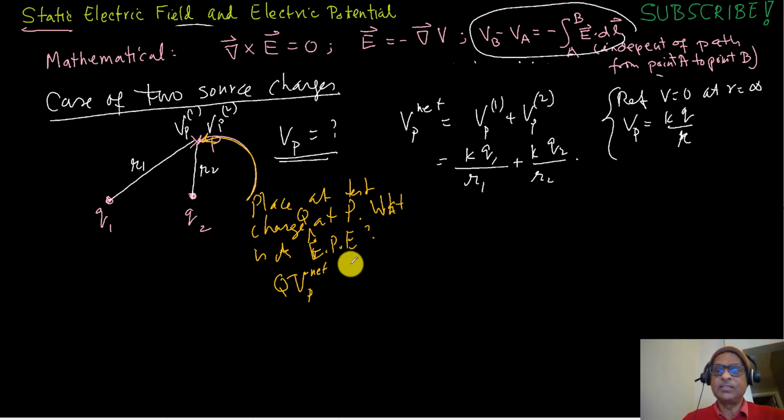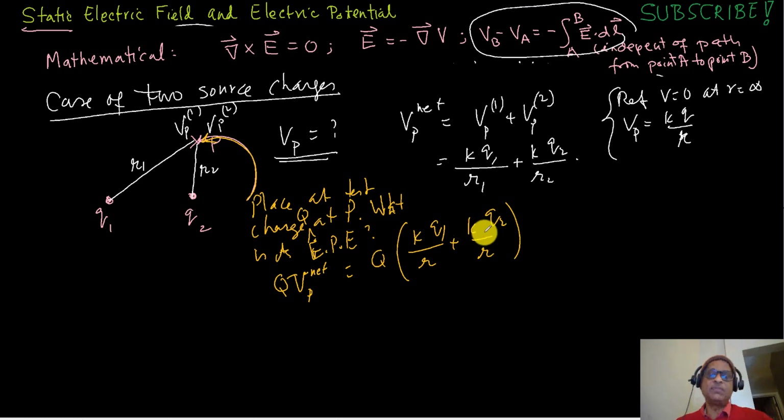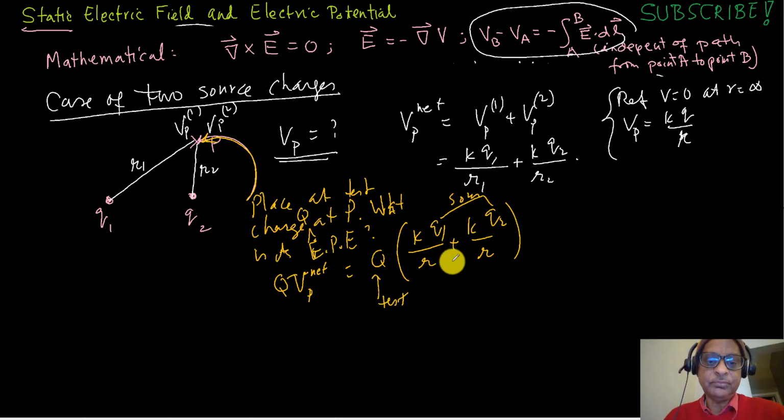And so that's the formula here: Q times K Q1 over R1 plus K Q2 over R2. Now this definitely says these are the source charges, and this is the test charge. So this is a two source charge case.